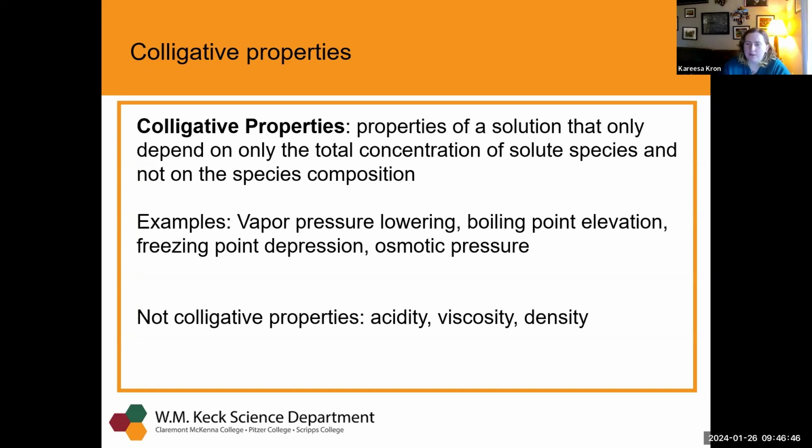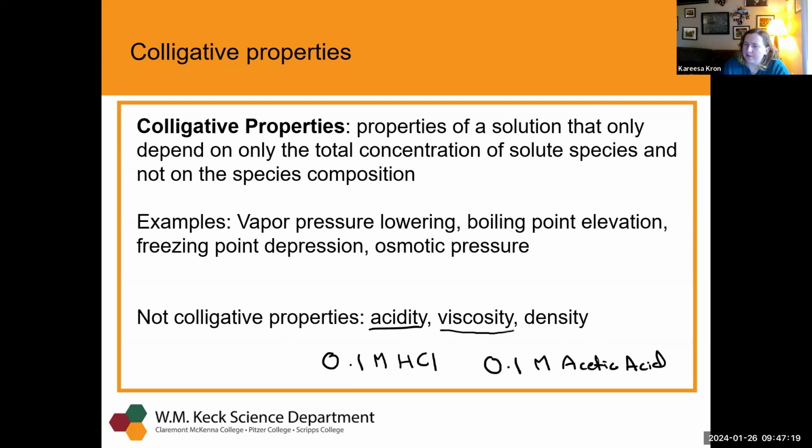If I give you 0.1 molar HCl and also 0.1 molar acetic acid, it doesn't matter that they have similar concentrations, because HCl is a strong acid and acetic acid is a weak acid. So the resulting solution is going to have a different acidity.